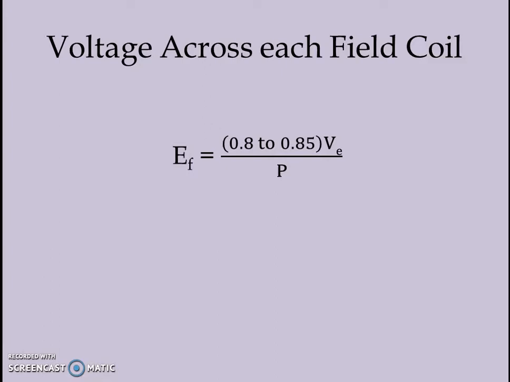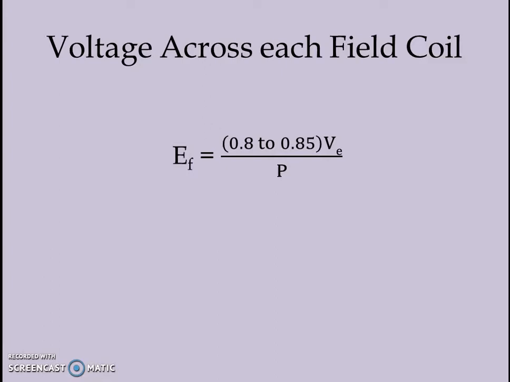Accordingly, for the voltage across each coil, if we divide the exciter voltage by the number of poles, then we will get the actual voltage across each coil. So the voltage across each coil, EF, is 0.8 to 0.85 times VE, where VE is the exciter voltage, either 0.8 or 0.85.